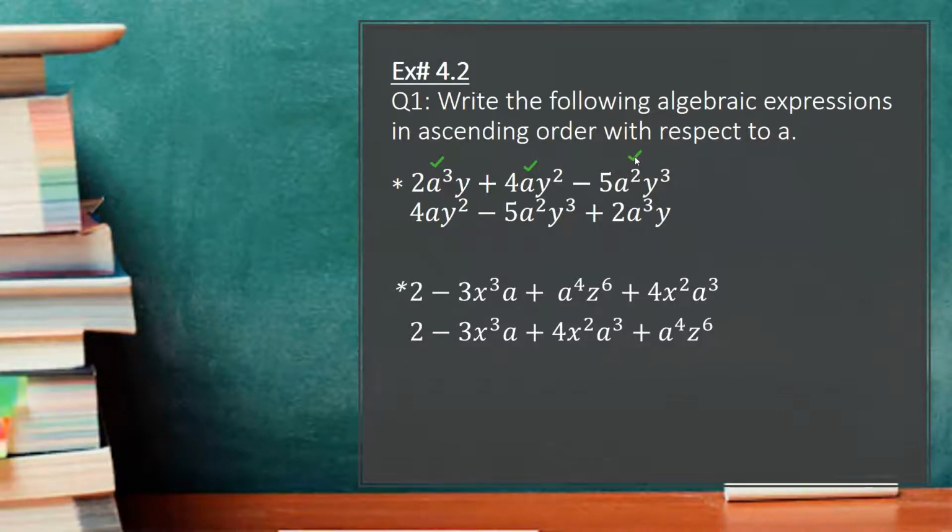So the first term is 4ay square, because here the power is 1. The next term is 5a square y cube, and then plus 2a cube y. A power 1, a power 2, a power 3. We have written all in ascending order.